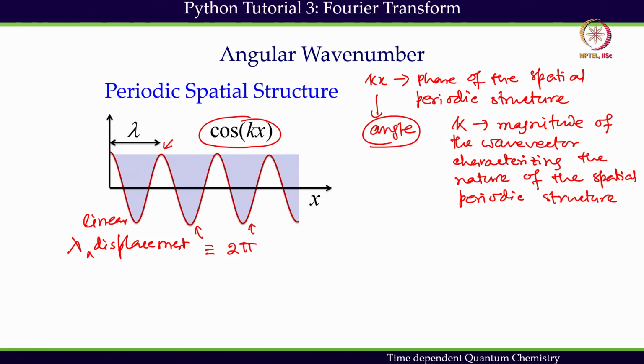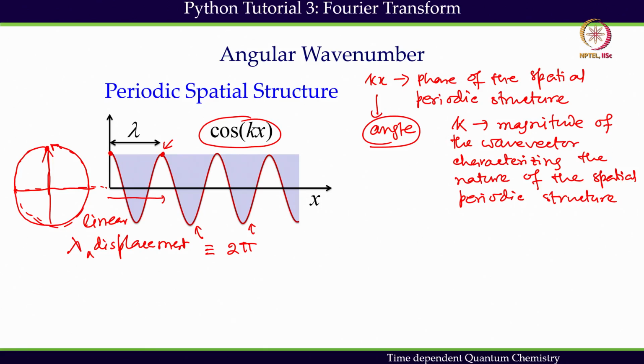So this linear displacement along this direction can be correlated with an angular shift. What we can see here is that this arrow is now making a 2 pi angle, and once it makes a 2 pi angle, I am actually moving from here to here.